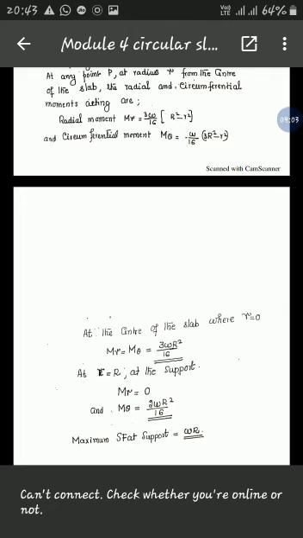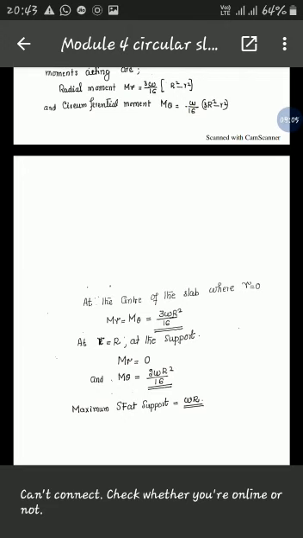Once again, at a distance small r to any point P from the center of the slab, the radial moment will be equal to 3W divided by 16 into capital R square minus small r square, and the circumferential moment will be equal to W by 16 into 3 capital R square minus small r square.